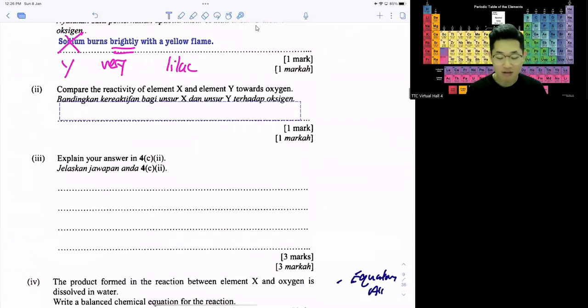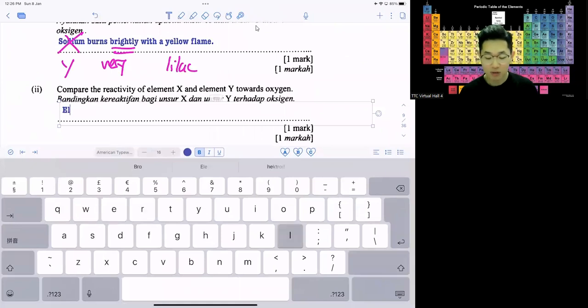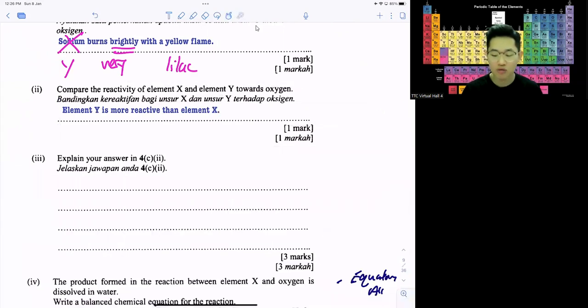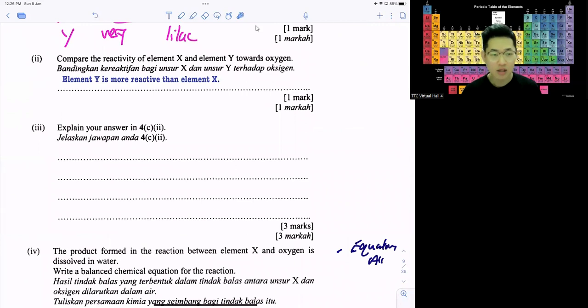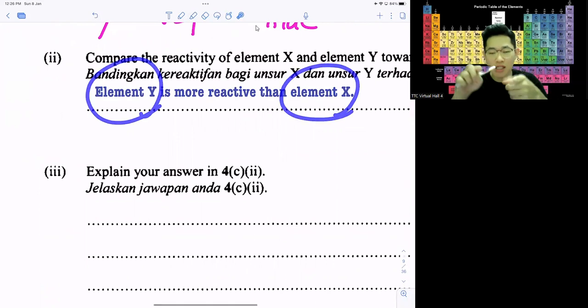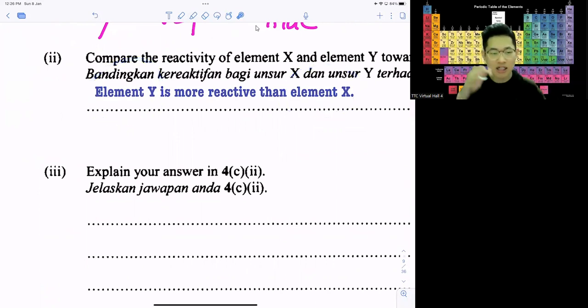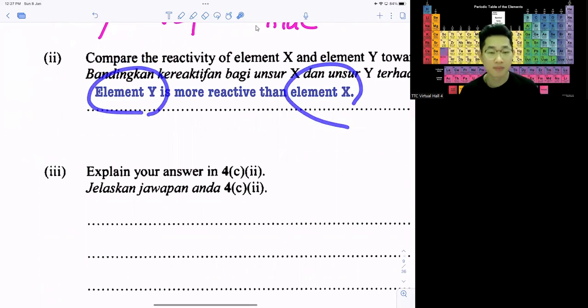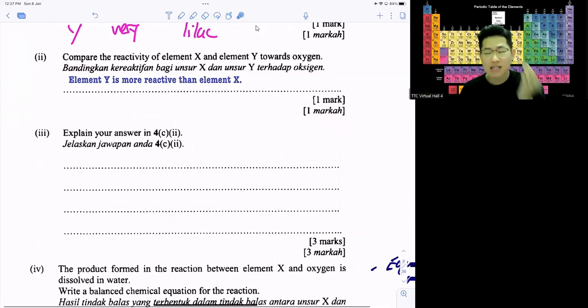So from here we can tell that element Y is more reactive than element X. So if you ask me, when to write element, when to write atom: when you are mentioning that this one is more reactive than another one, you write element. Then when to write atom? Explanation, always have to write atom.